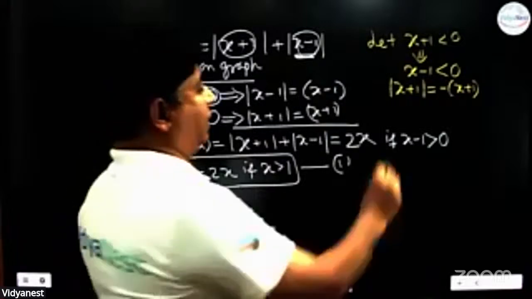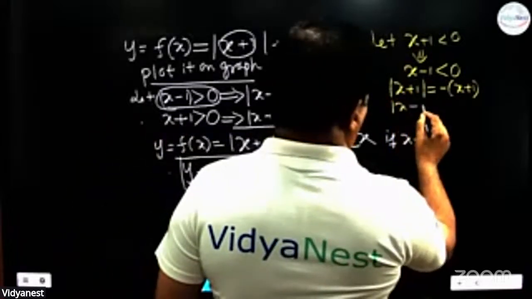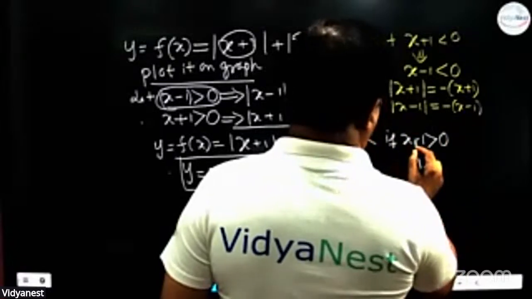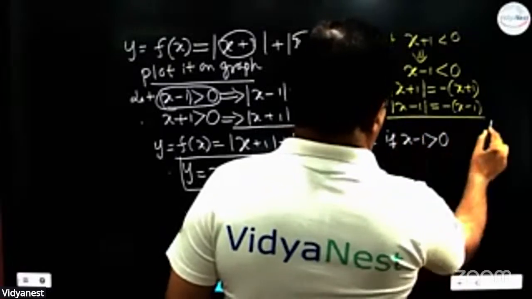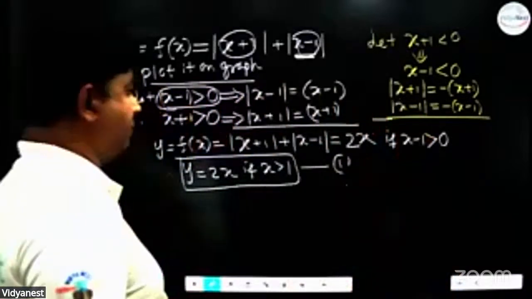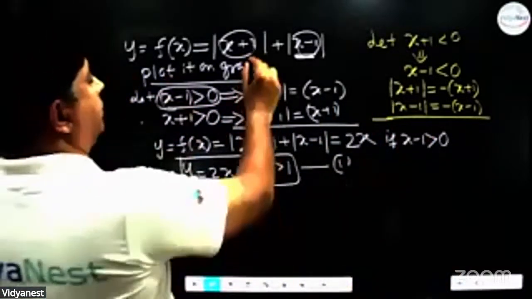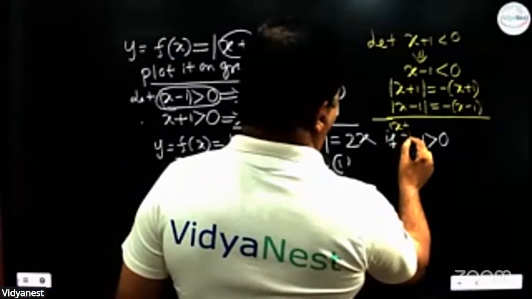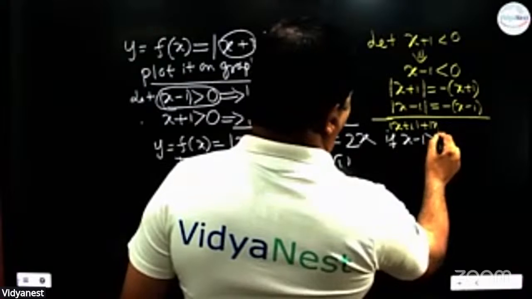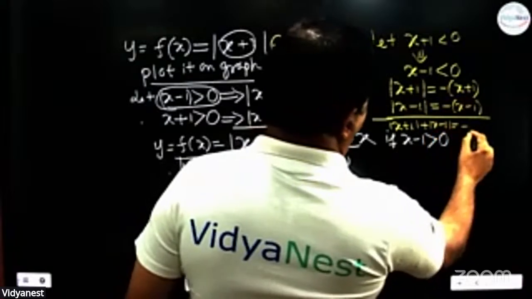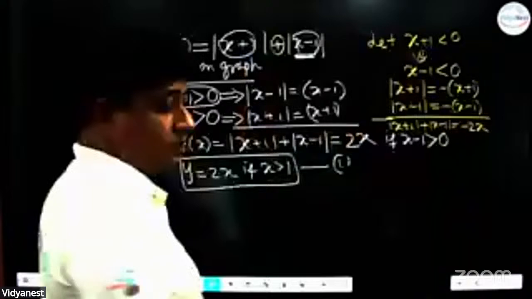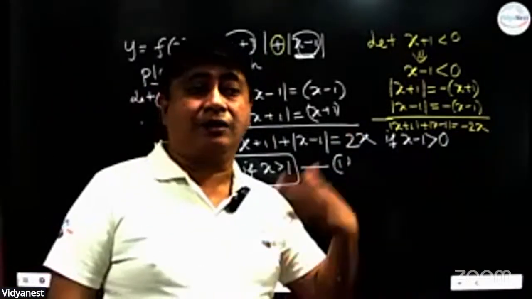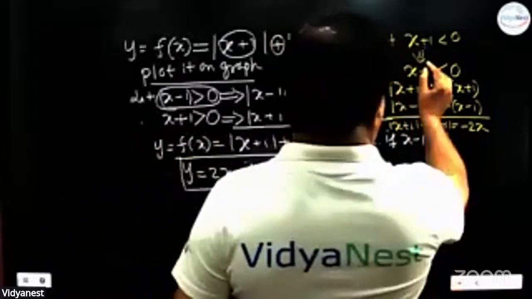In the same manner, mod of x minus 1 will remain with minus sign, and we will be adding this. Why? Because we are told to do that. So mod x plus 1 plus mod x minus 1, if you add, you will get minus 2x. Minus 2x, depending on what? This condition.